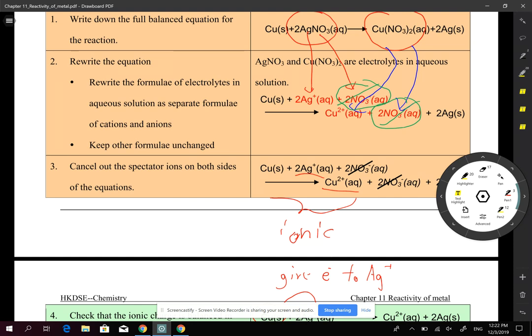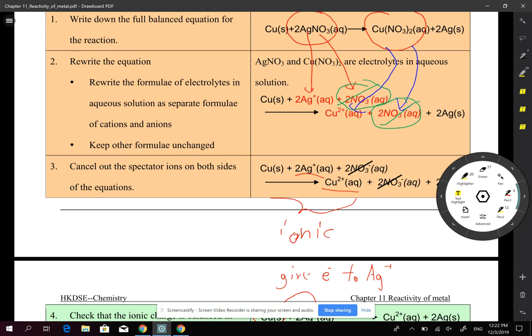Which ion is spectator? Chloride ion only. Can you understand what exactly happened when metal reacts with acid?